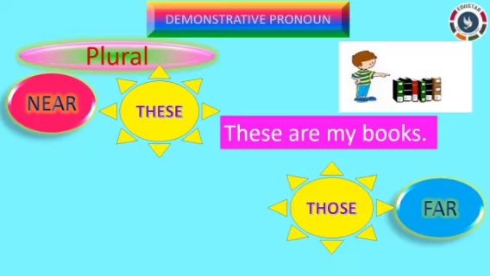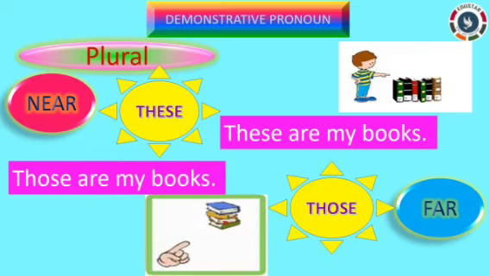Here, I am talking about books which are in the plural form and they are near to me also. So, I say, these are my books. Now, if the same books are far, then we say, those are my books.